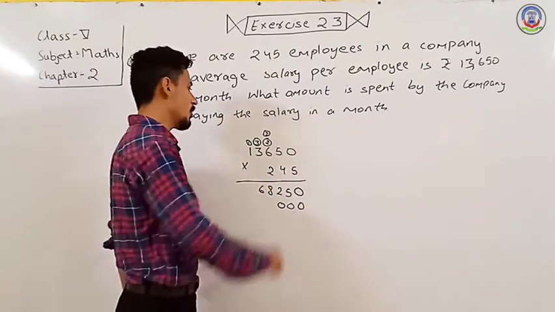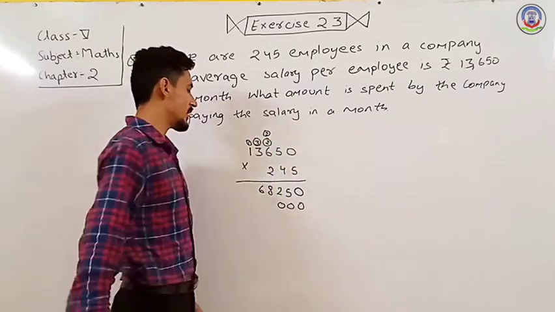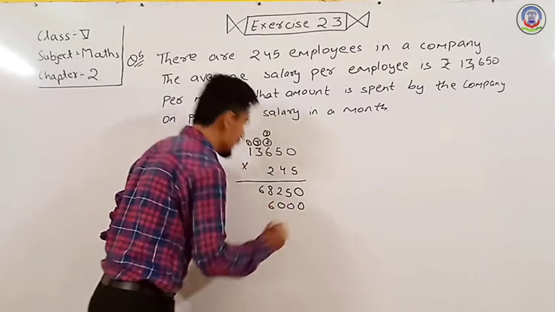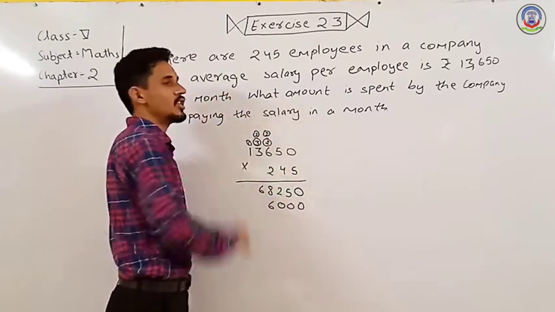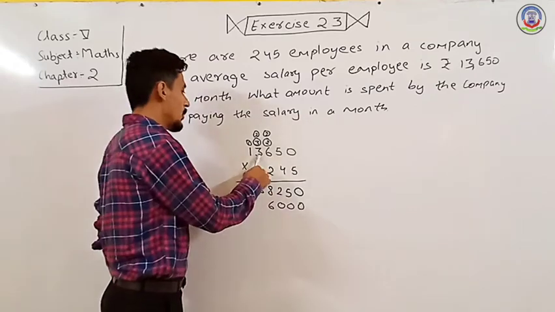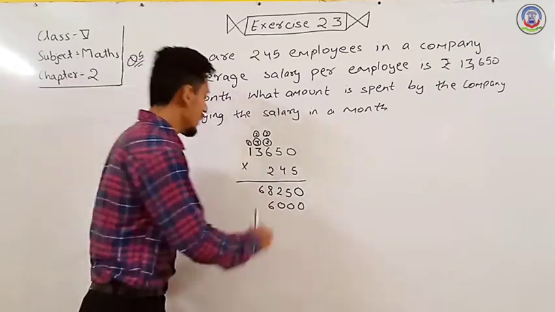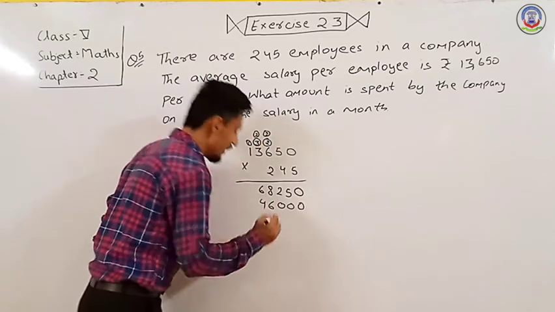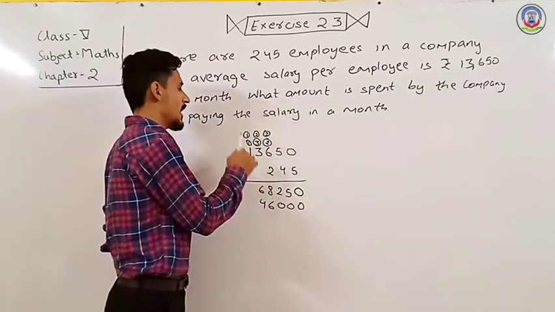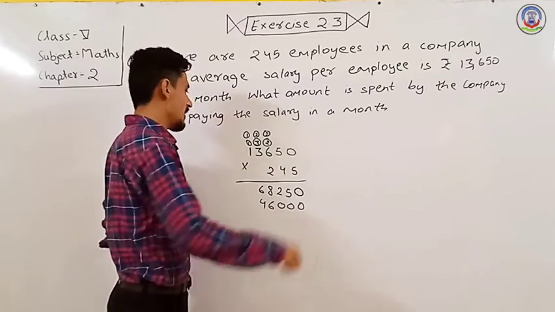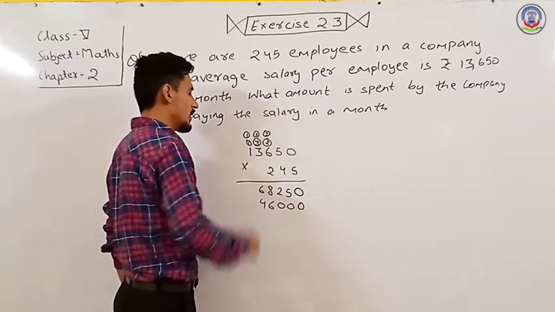It is 24, and when we add 2 to it, it is 26. So we write 6 here and 2 here. Next we have 4 multiply 3. It is 12. 12 and 2 is 14. So we write 4 here and 1 goes to carry. Next we have 4 multiply 1. It is 4, and when we add 1 to it, it is 5.